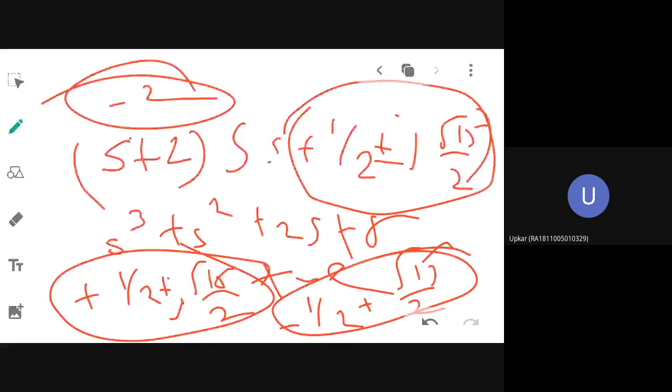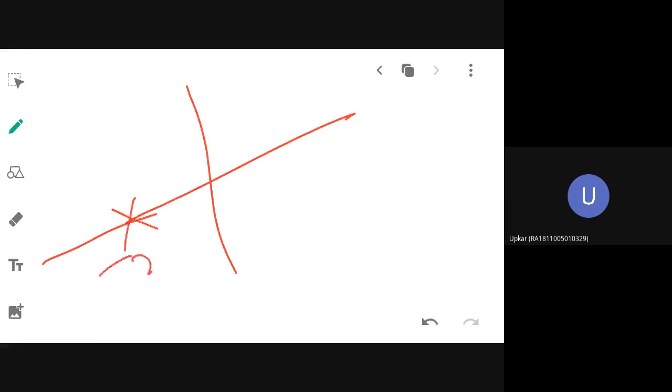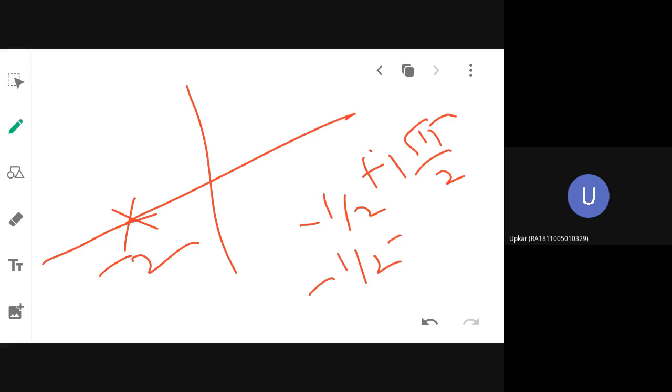Right half. If you draw in the S-plane, one root is located at minus 2. What are the remaining 2 roots? They are minus 1 by 2 plus j 15 by 2, and the other one is minus 1 by 2 minus j 15 by 2. So where is your minus 1 by 2?